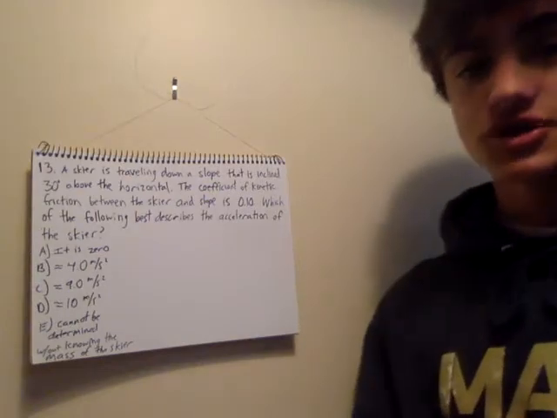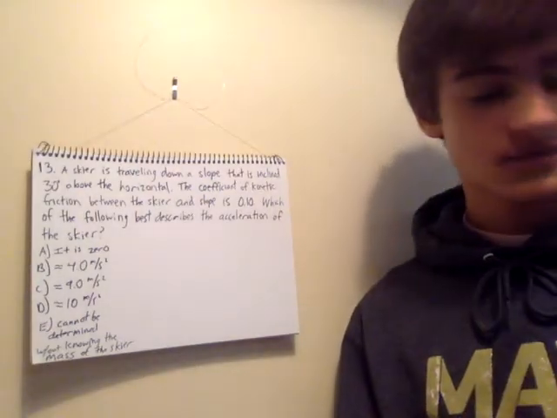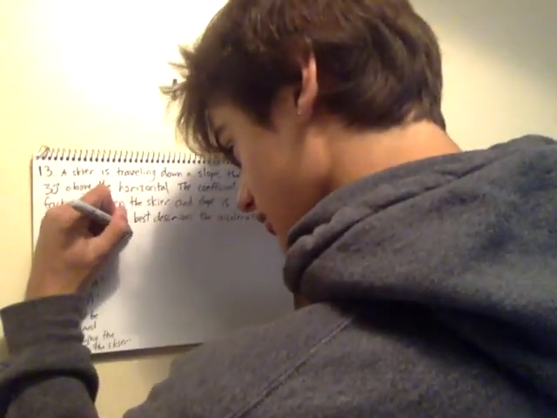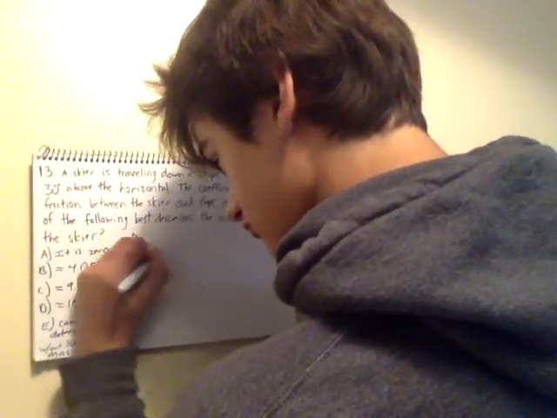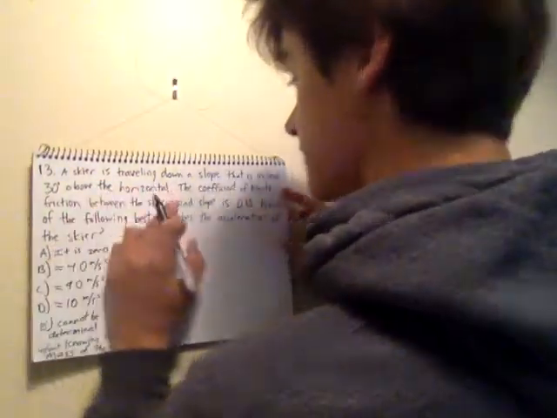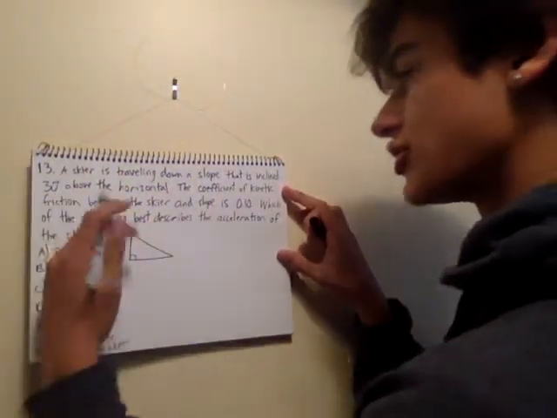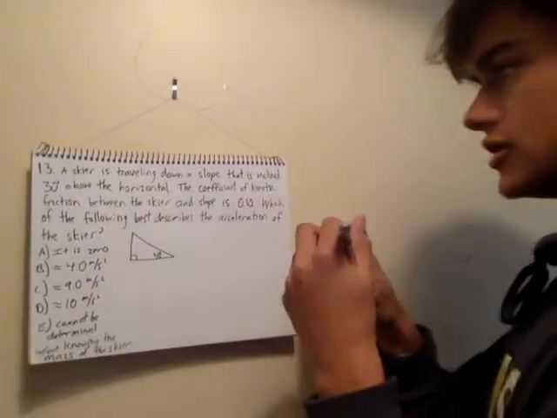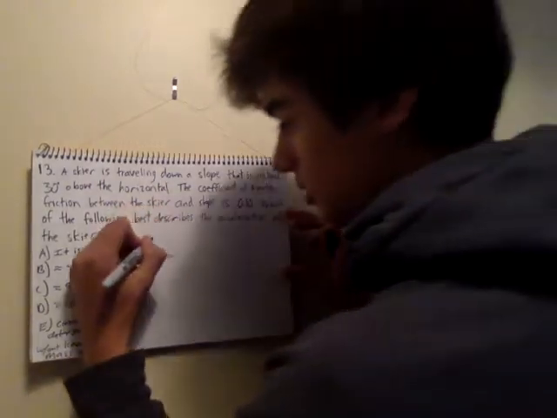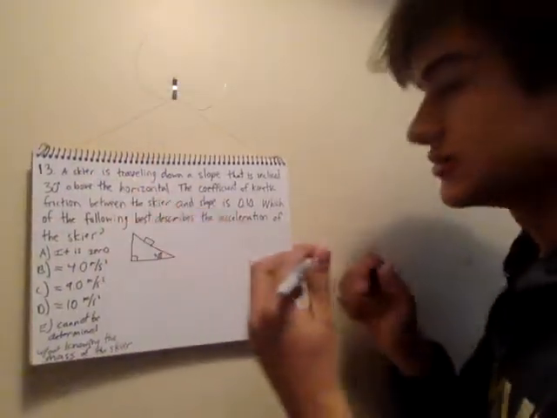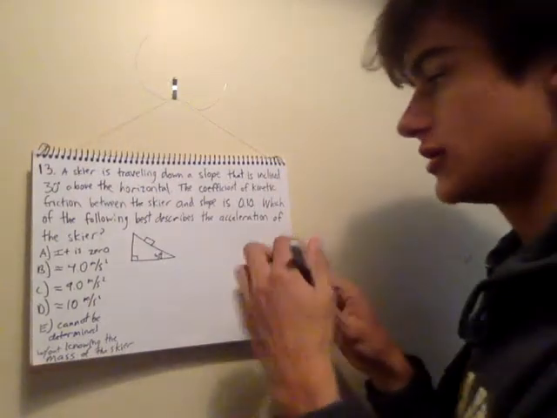So this is one of those problems where you're going to want to have a diagram. Let's do that and then we'll talk about some more stuff. Here's our ski slope. We've got the 30-degree incline right here. That's our theta. I'm just going to draw a box instead of a skier because that's how most problems are, with a box.